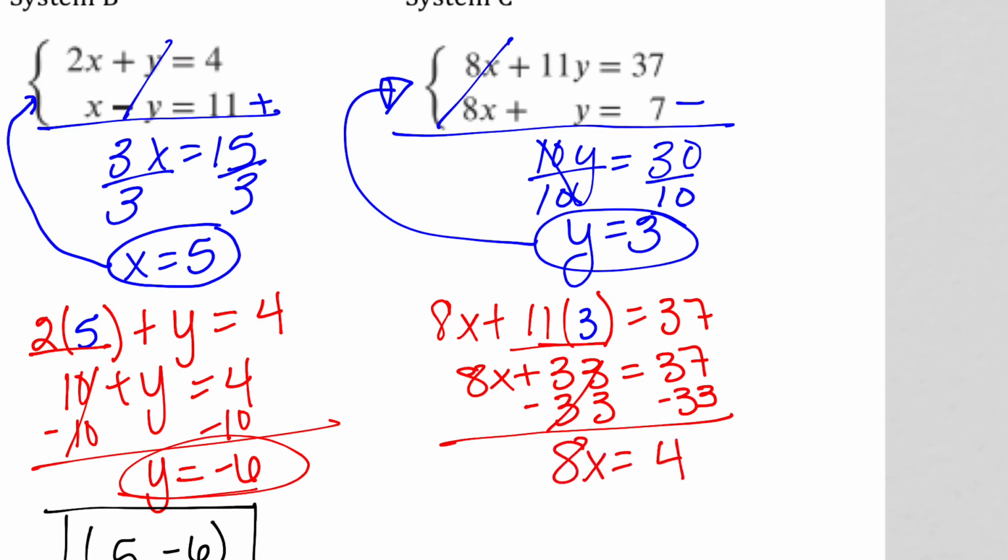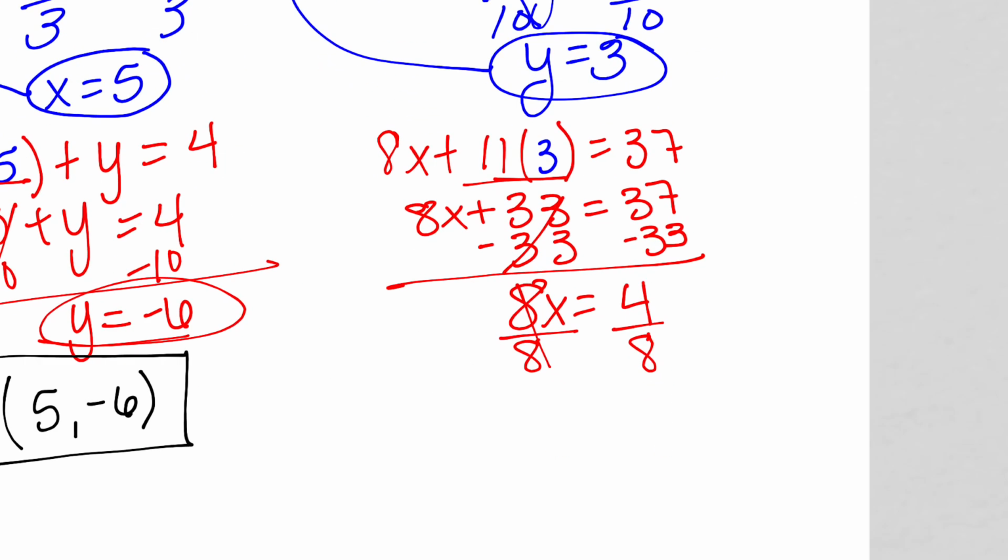Now what do I do? Need to get the x by itself. To do that, we need to get rid of the 8 by dividing. So we're going to get x equals 4/8, which equals 1/2.